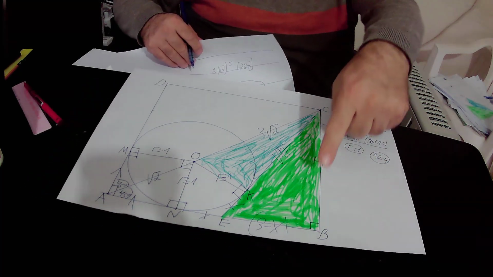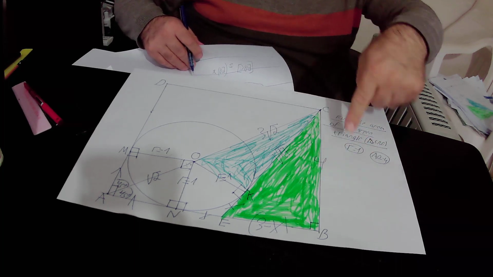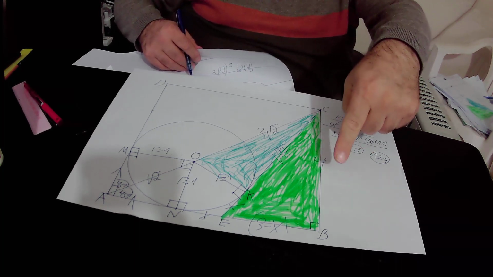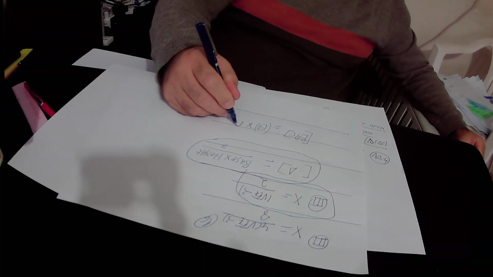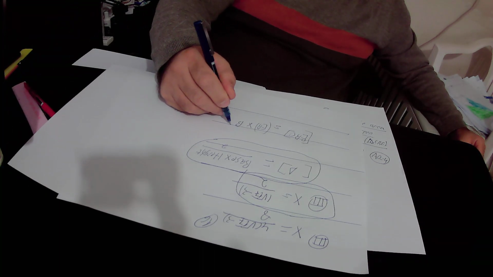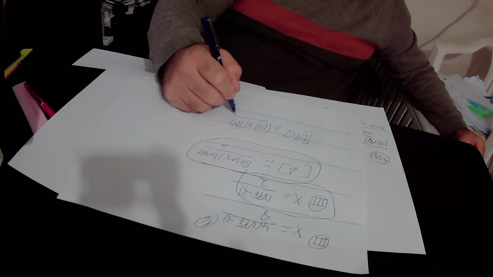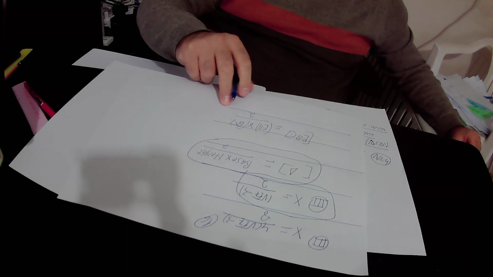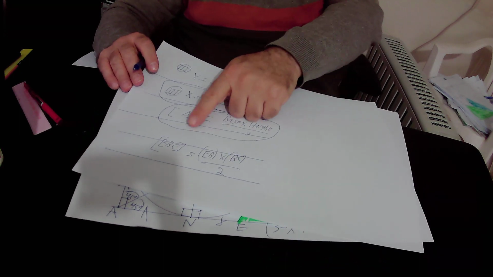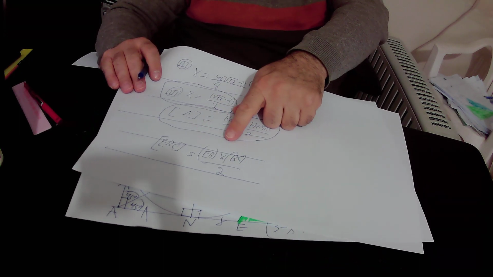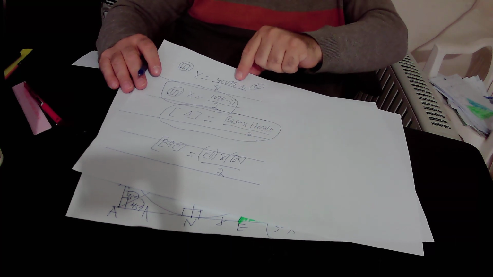The height creates 90 degrees with the base, so BC is the height. So the area of triangle EBC equals EB times BC over 2.